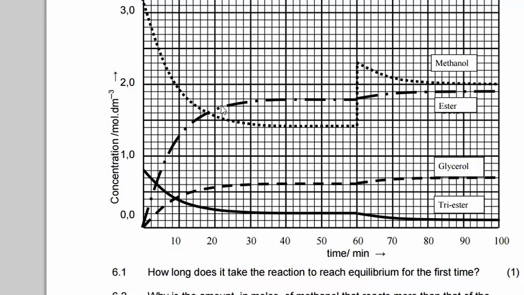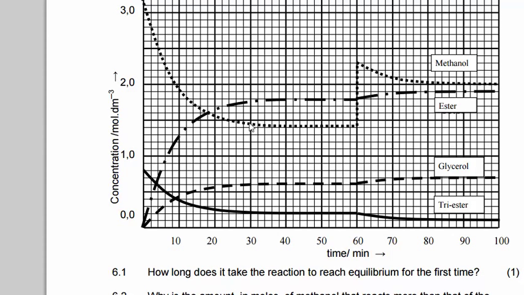No, look there. After 20 minutes, there's still a gradient. 30? Did you say 30? Okay, sorry if you did. Even here at 30, this thing is still going down. So I would say 34, 35, roughly there.